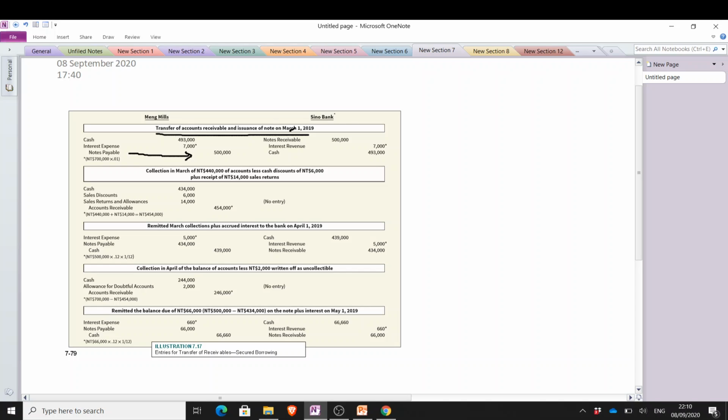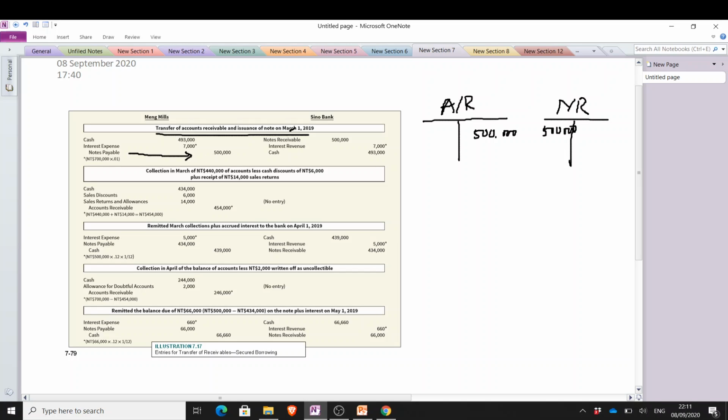It means Mang Mills has no longer recorded its account receivable as much as 500,000. And on the other side, Sino Bank records notes receivable as much as 500,000. So it is reciprocal. And then interest expense is 7,000. It is the finance charge here, 7,000.